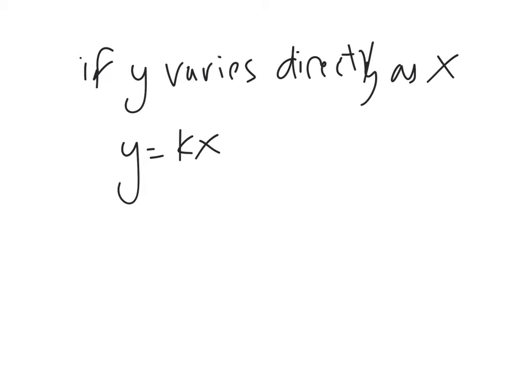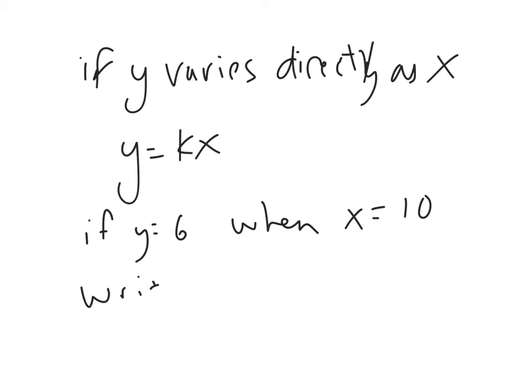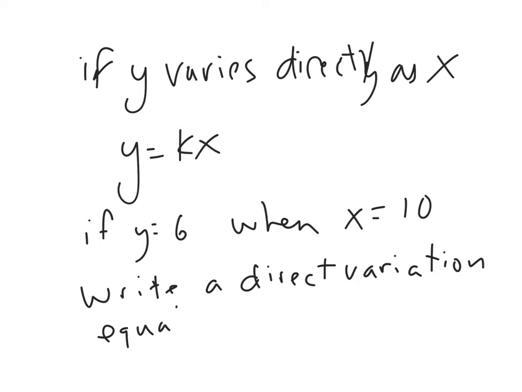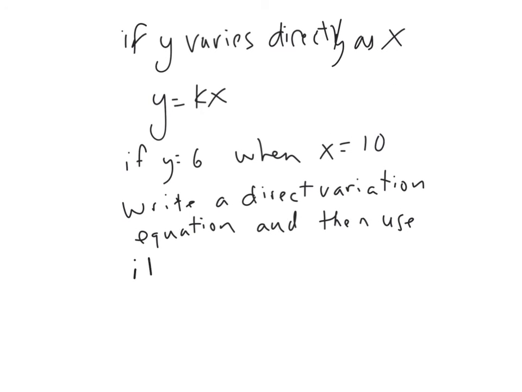Then they're going to say, well, if y equals 6 when x is 10, they're going to ask you to write an equation, a direct variation equation, and then use that equation to find x if y is 20, or they might say find y if x is 20 or something like that. All right? They're just going to give you one and ask for the other.